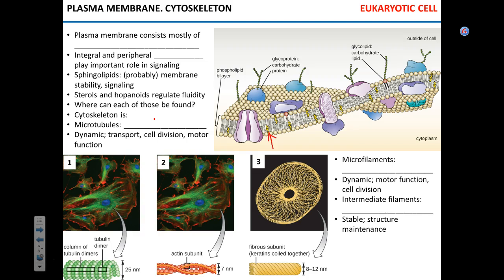Let's assume these are sphingolipids. Sphingolipids are a special type of lipids that presumably participate in the signaling in the cell. And it also contains transmembrane proteins.